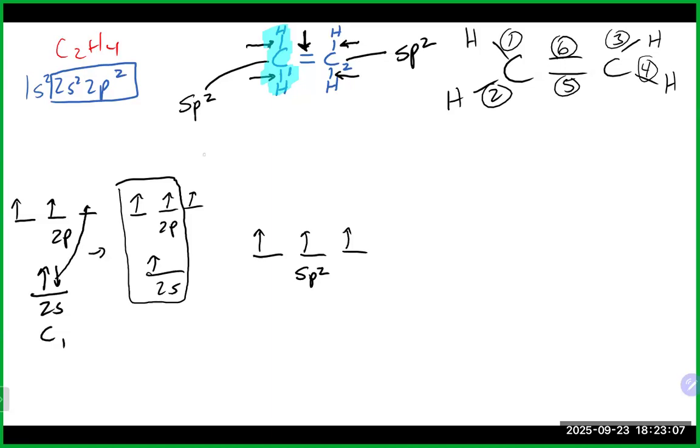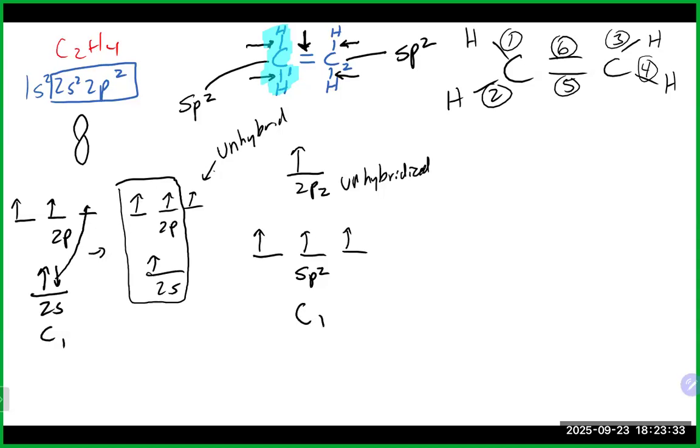It also has 1 unhybridized orbital here, right? So we also have 1 2p, which is actually 2pz, unhybridized. This is just your regular old p orbital, figure 8 type of deal. So this is carbon number 1.